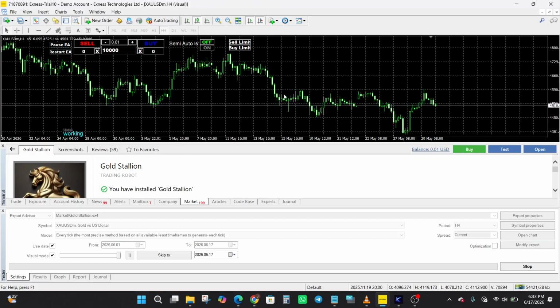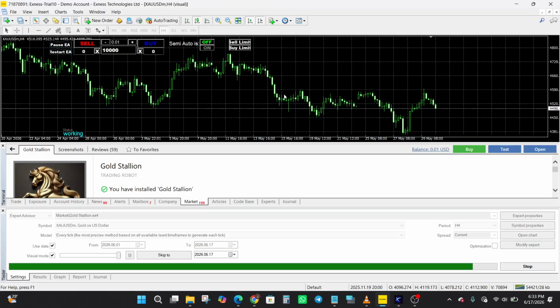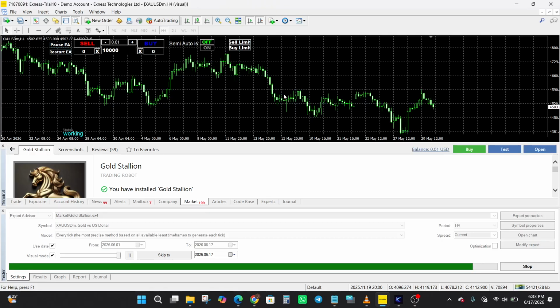Now, when reviewing the historical testing performance, it is important to focus not only on profitability, but also on drawdown, position sizing behavior, and overall consistency. Results can vary significantly depending on lot size, multiplier settings, broker execution, spread conditions, slippage, market volatility, and user optimization choices.